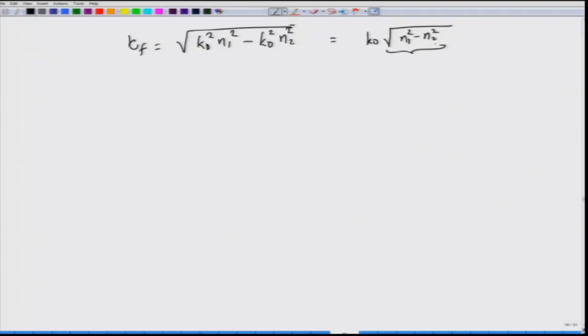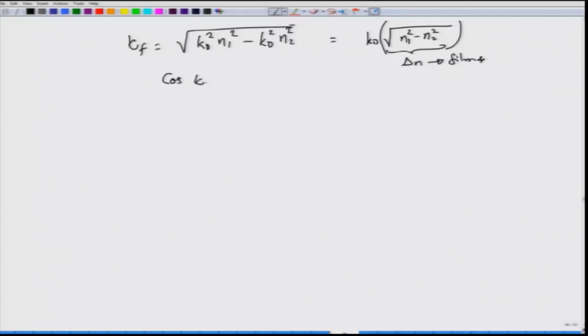This is sometimes denoted by delta n, which indicates the refractive index difference between the film and outside of the film. So, this quantity, as a measure of refractive index difference, is directly proportional to kappa f.